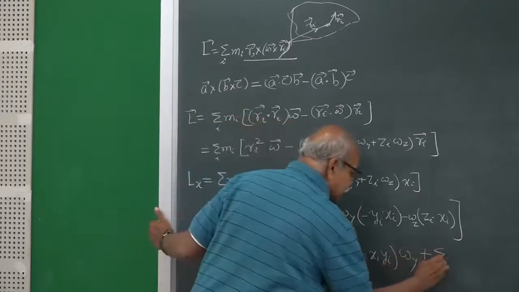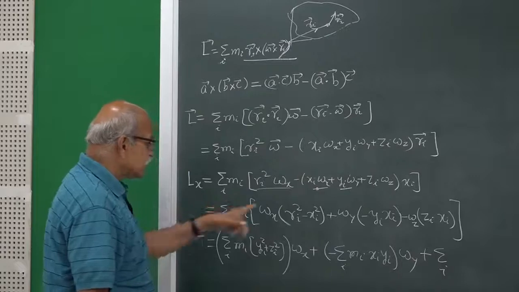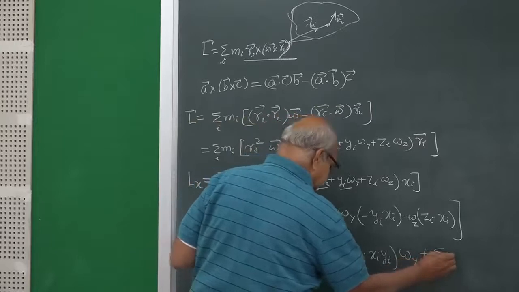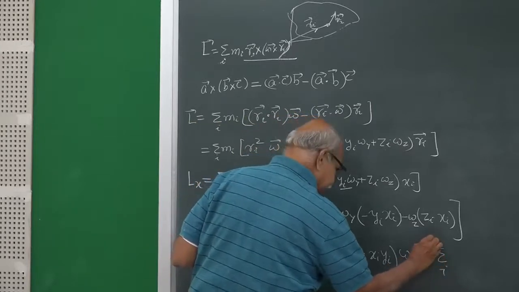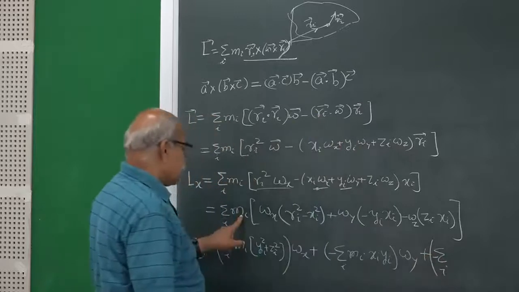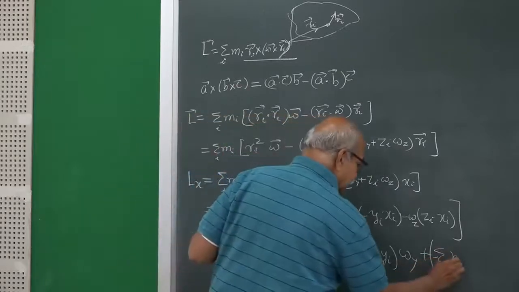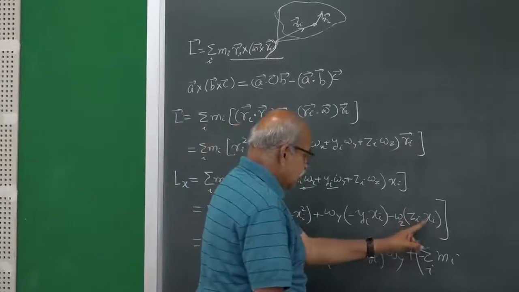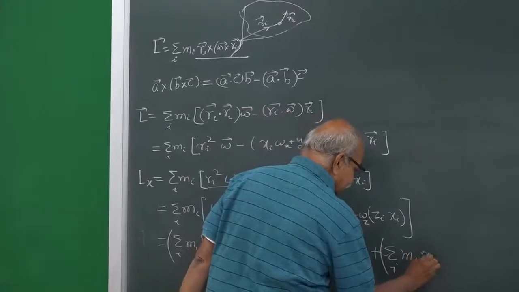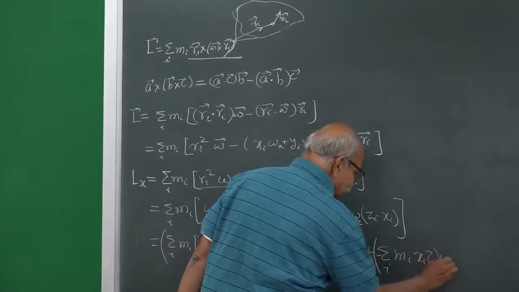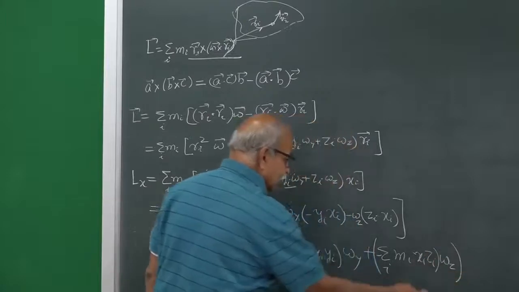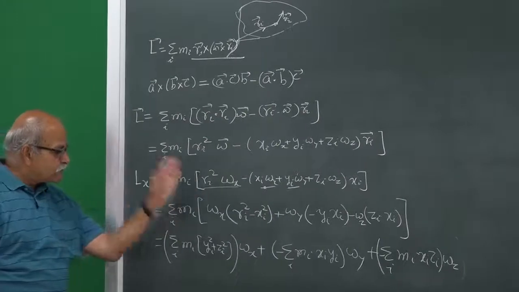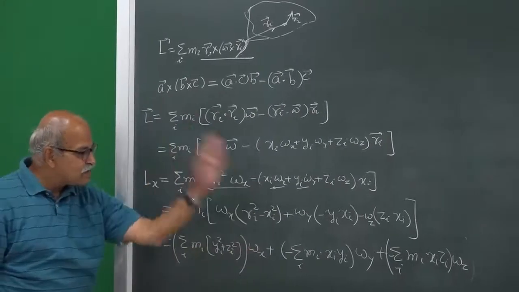And plus the other part: summation over i of minus m_i x_i z_i, and that is omega_z here. So, that is L_x. L_x will involve omega_x, omega_y and omega_z.